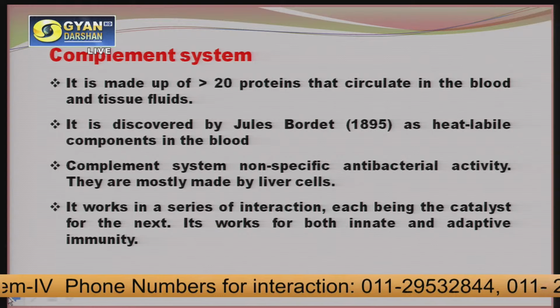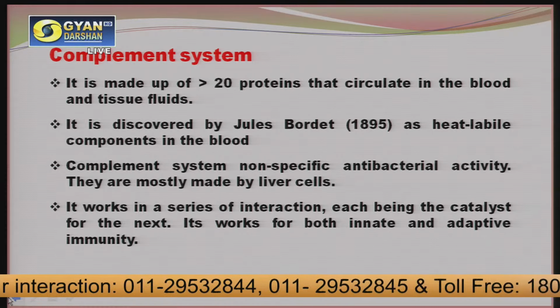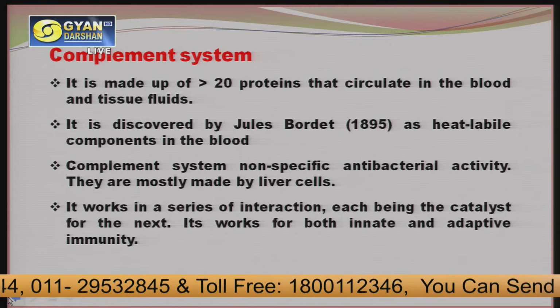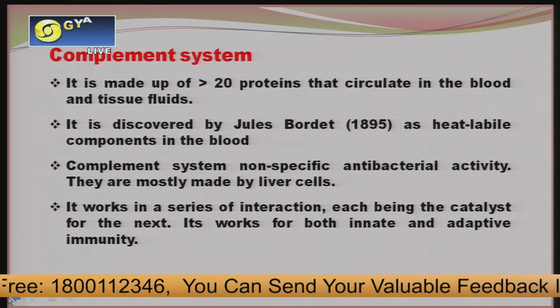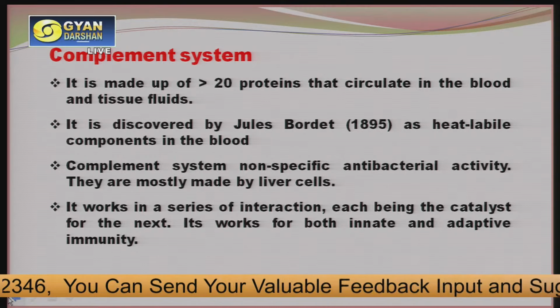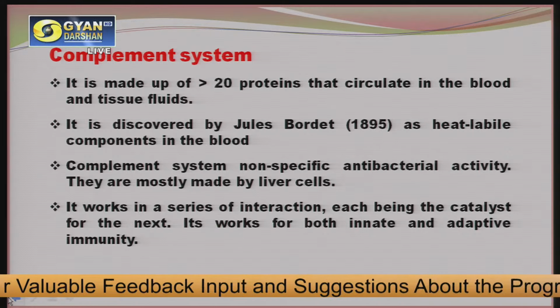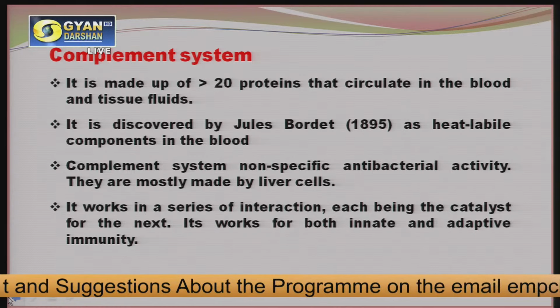You can say it shows antibacterial activity. It works in a series of interactions, a series of cascades, a series of reactions, each being the catalyst for the next. It works for both innate and adaptive immunity.